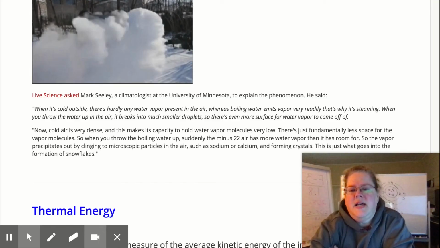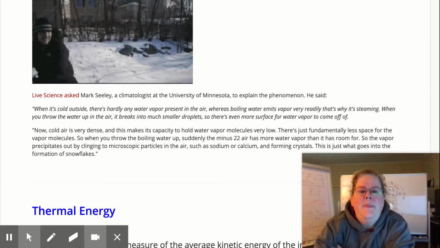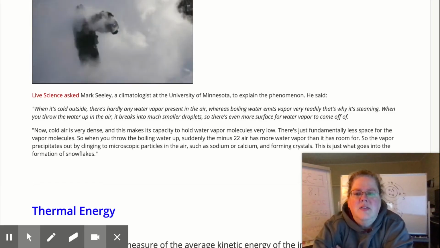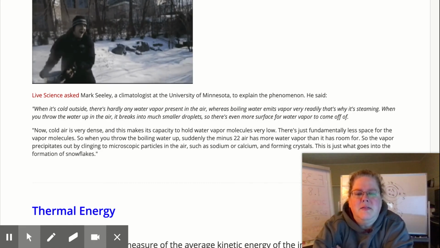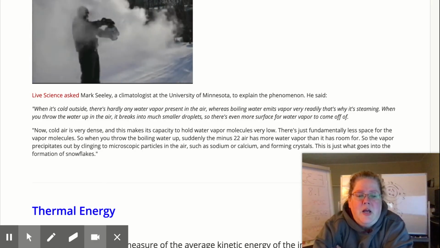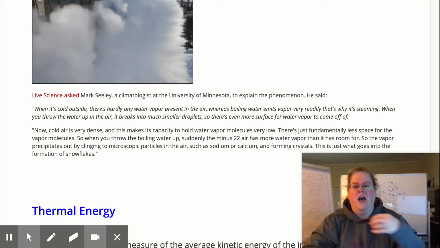When it's cold outside, there's hardly any water vapor present in the air, whereas boiling water emits vapor very readily. That's why it's steaming. So when you throw the water up in the air, it breaks into much smaller droplets, and there's even more surface area for the water vapor to come off of. So it basically expands and releases its energy out.